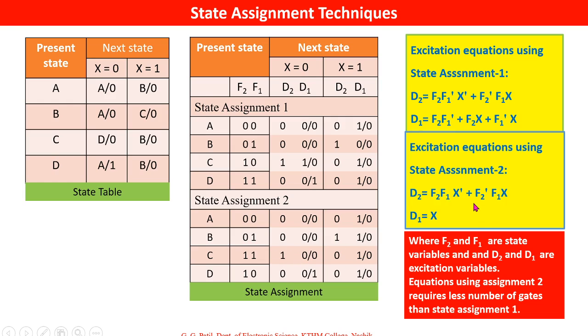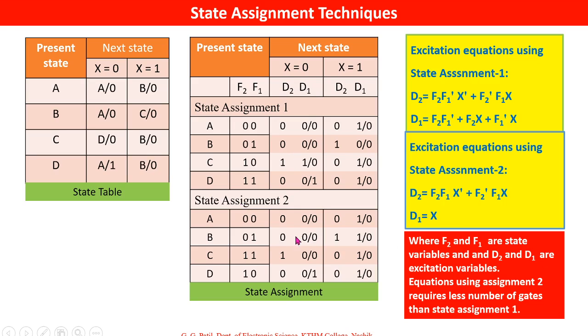and plus here only one condition where D2 is 1, and for that condition the inputs to be written: F2 is 0, so F2' F1 x, F2' F1 x. So that is the equation for D2, and for D1 in state assignment 2 the equation can be derived. How?